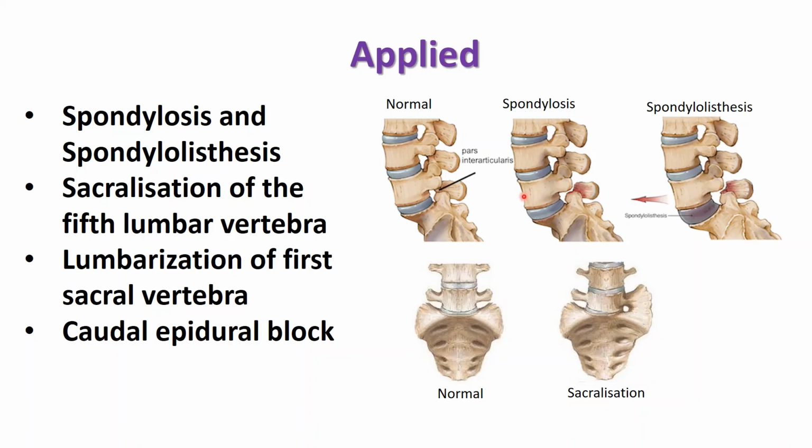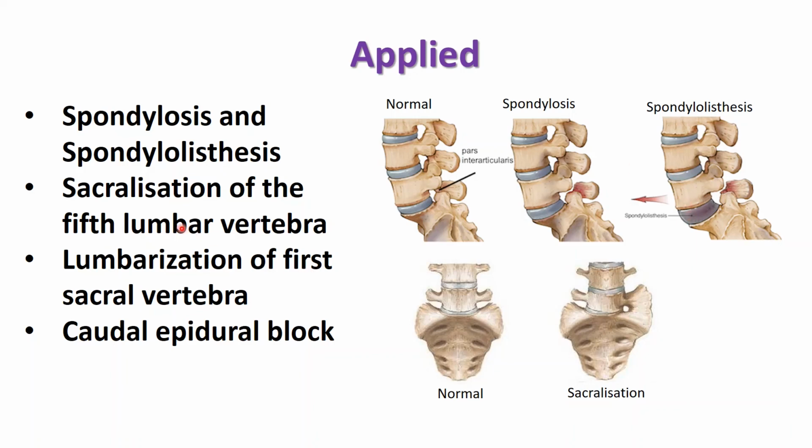So in spondylosis, there is no forward slipping of the lumbar 5 vertebra. When there is a forward slipping of the 5th lumbar vertebra over the sacrum, then this condition is known as spondylolisthesis.